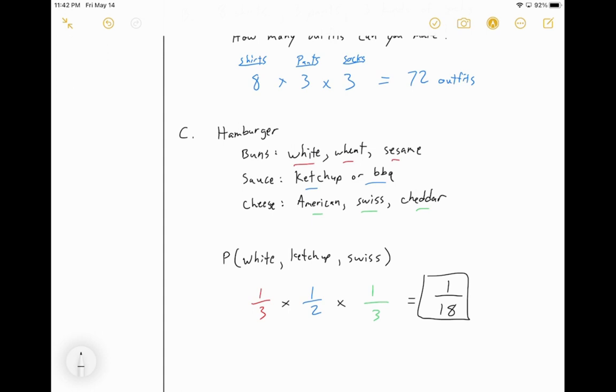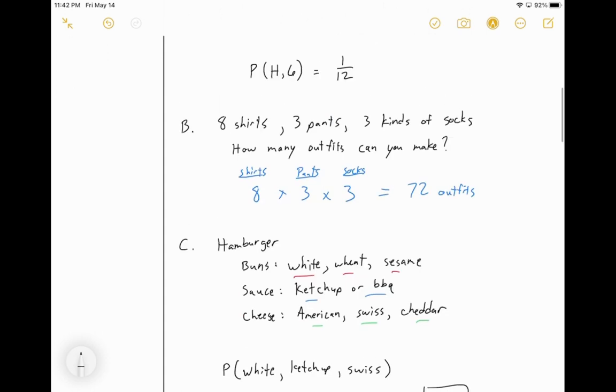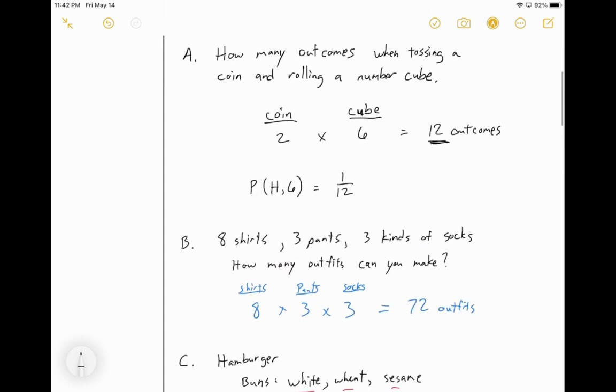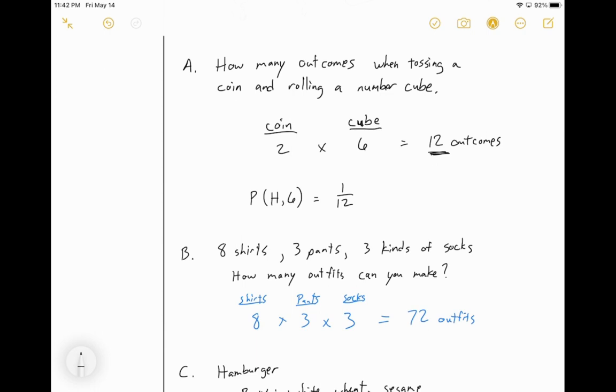So again, the fundamental counting principle is useful in determining how many different things are available. How many different choices we have. All you have to do when you're using the fundamental counting principle is multiply the choices you have for each part. So on our first example, if I've got 1 coin, I've got 2 choices. I've got a cube, I've got 6 choices.